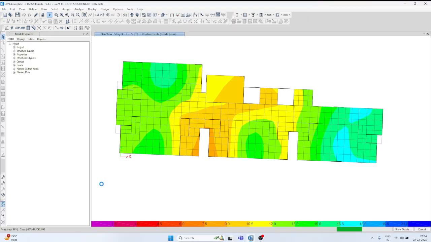What we have seen is that we have to go to define load cases, and there you have to put buckling, and the scale factor will initially be 1 for dead load and 1 for live load, and just run the analysis. After running the analysis, you will get 6 scale factor values, but you have to choose only the mode 1 scale factor value.